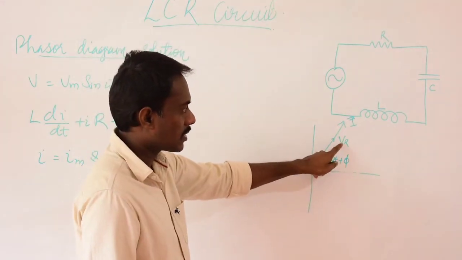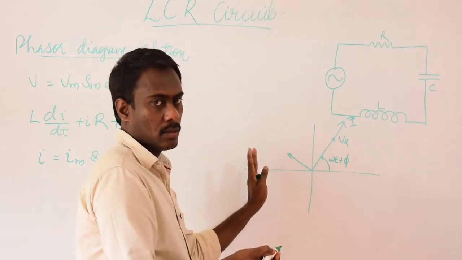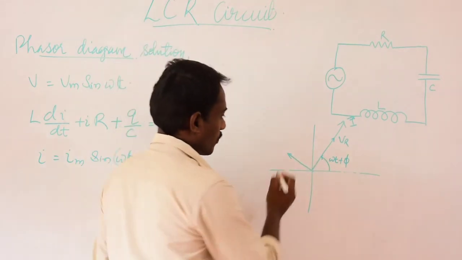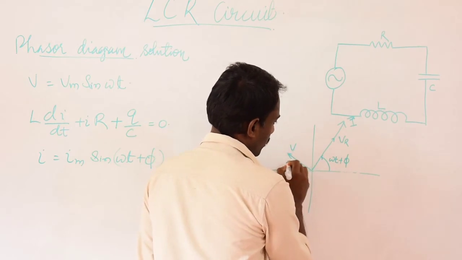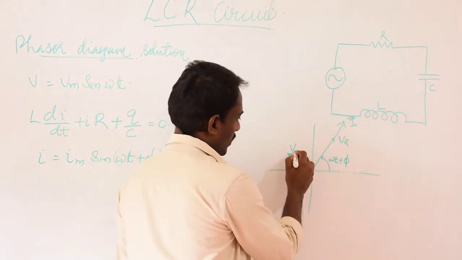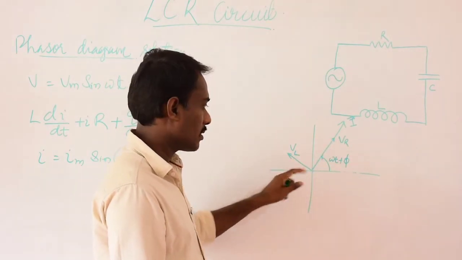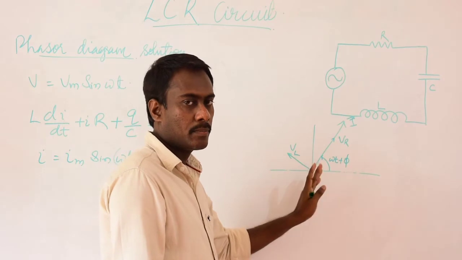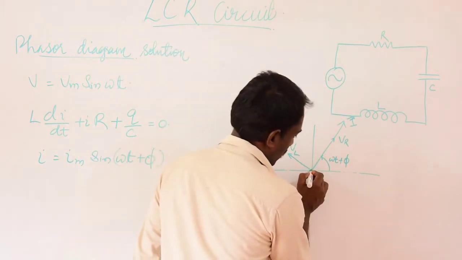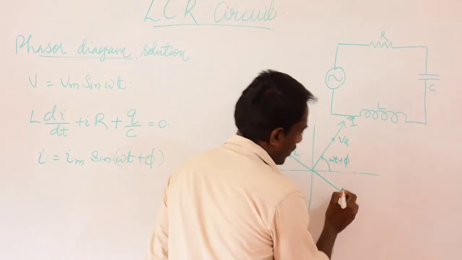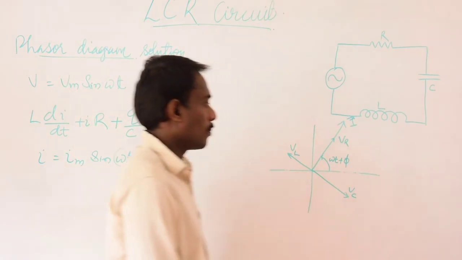This is for the resistor. For the inductor, the current lags the voltage by pi by 2. And for the capacitor, the current is ahead by pi by 2.